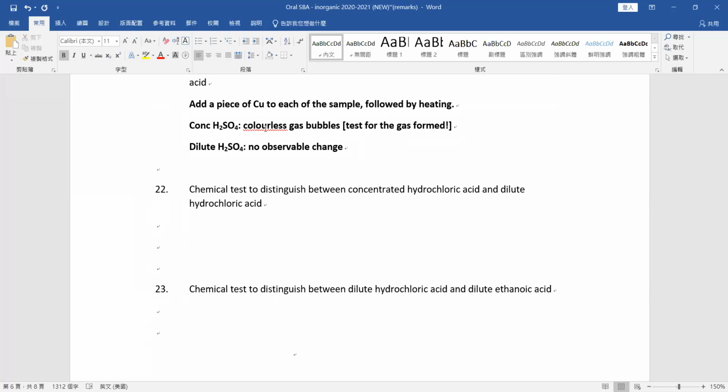You understand? So how? The so-called colorless gas bubbles are not easily seen for some reactions. This is one example, not easily seen. So you had better test the gas. How?